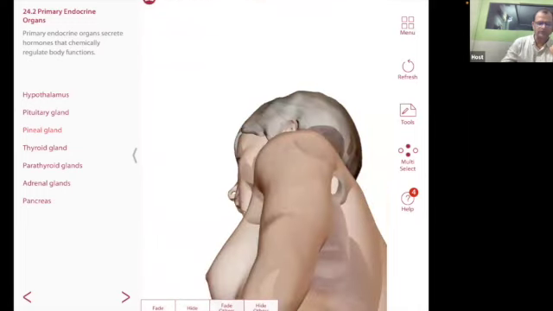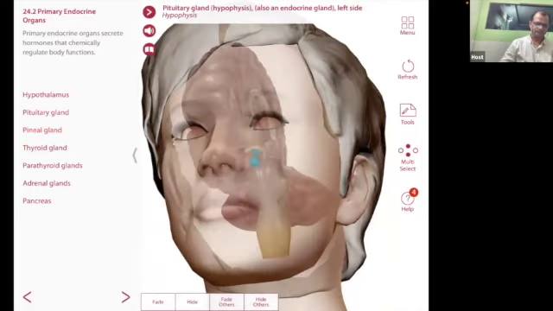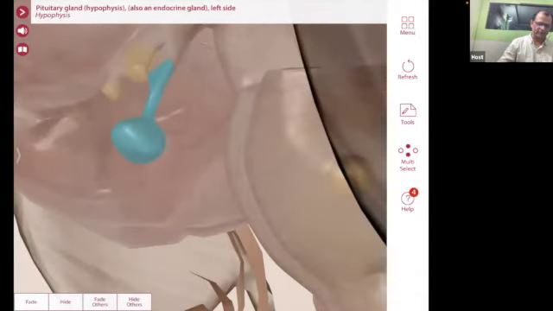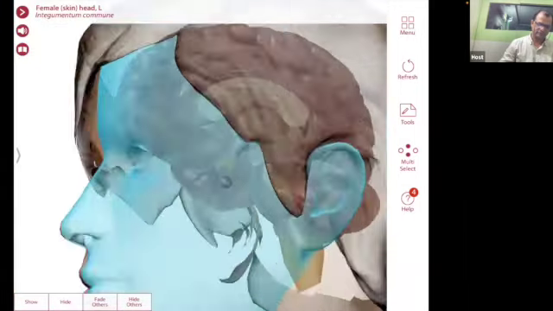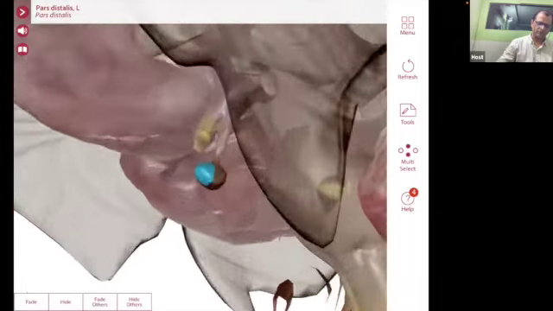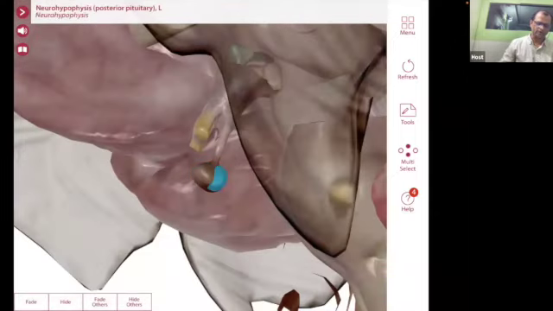We can see in this image. Look at this pituitary gland. This is the front part of the pituitary gland and this is the back part. So this is the anterior pituitary and this is the posterior pituitary, right? The anterior one is a combination of the anterior and the intermediate.